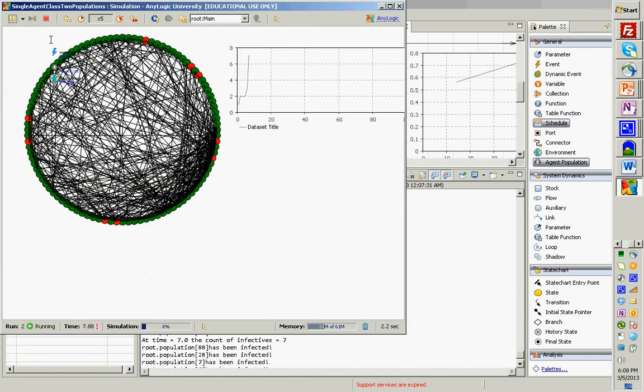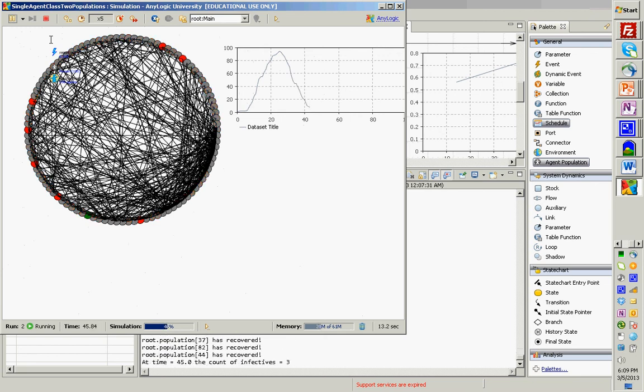That one person who isn't infected, what's their degree? How many connections do they have? Well, that's a good question. Let's drill down. It's probably about 4 in the end.